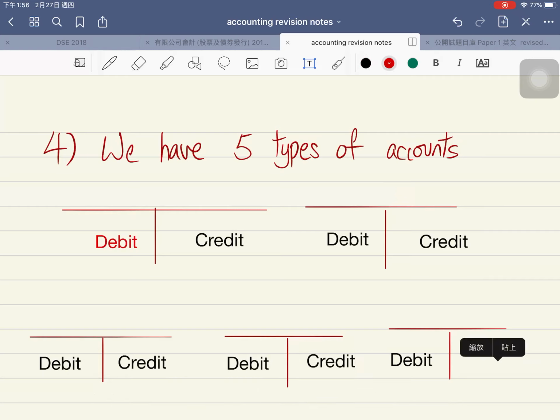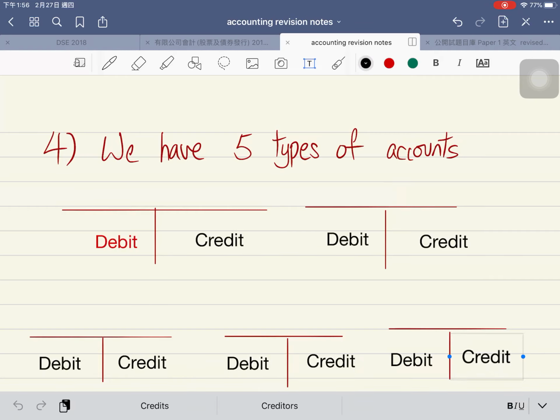Right hand side credit. So all left hand side called debit, all right hand side called credit.